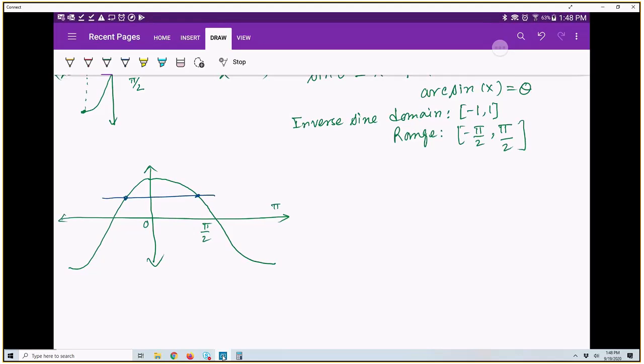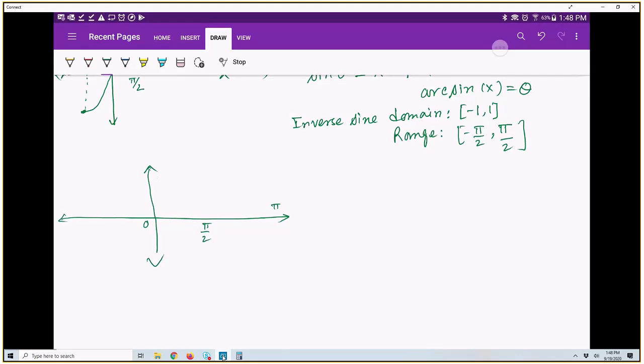How do I restrict the domain? I erase a portion of the cosine function, and the cosine function's restricted domain is between 0 and pi. Now see, the horizontal line is crossing the graph in exactly one point. So that's what we are going to study now.